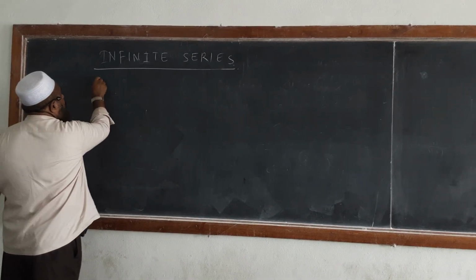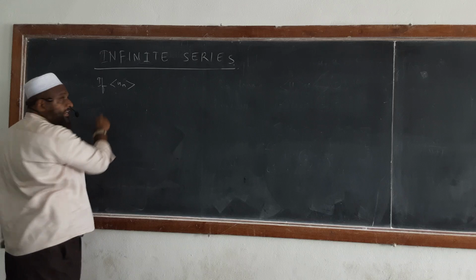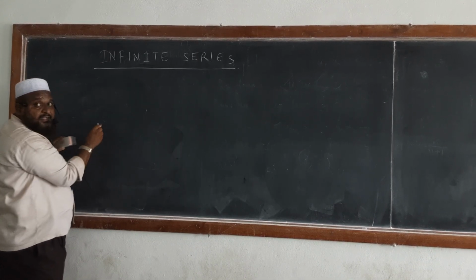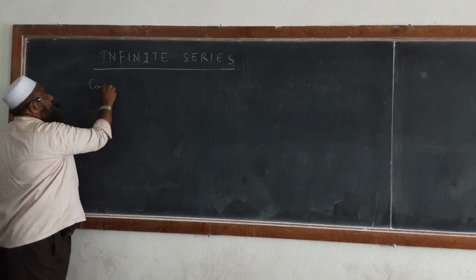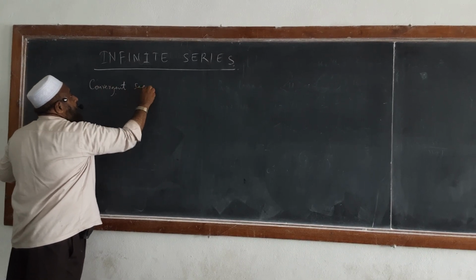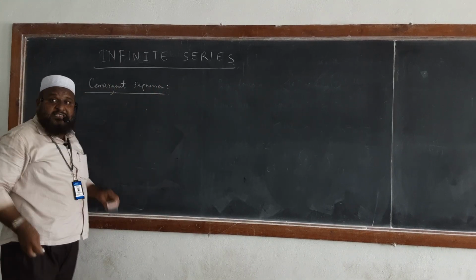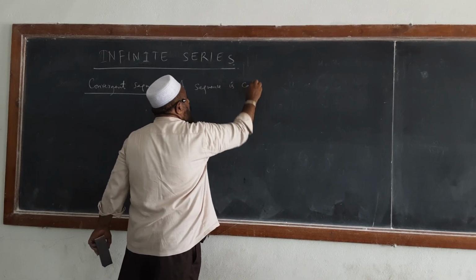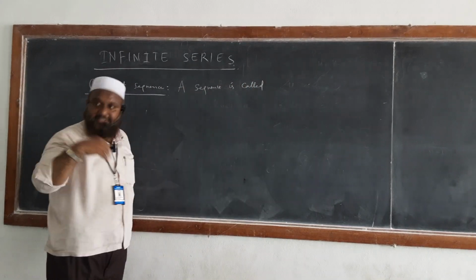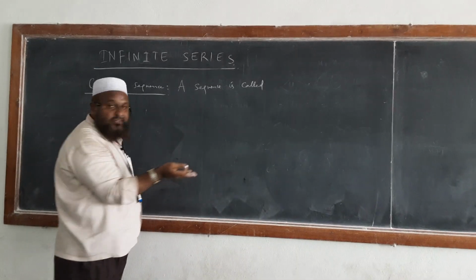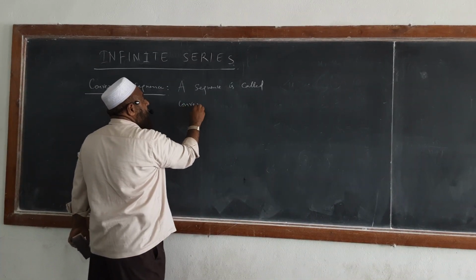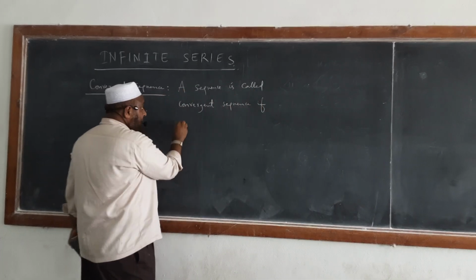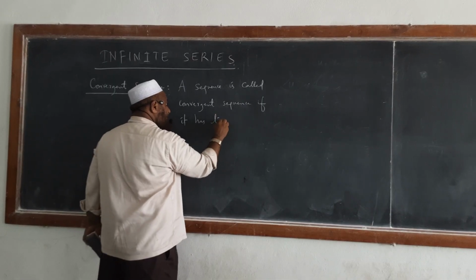If un is a convergent sequence. A sequence is called convergent, meaning we are naming it that, if it has a limit.